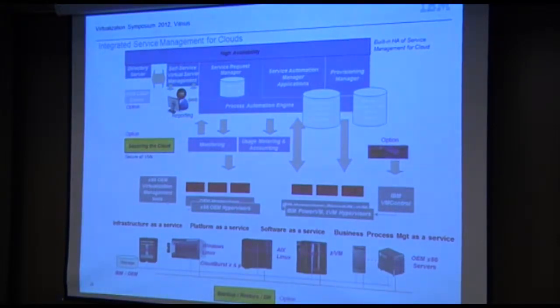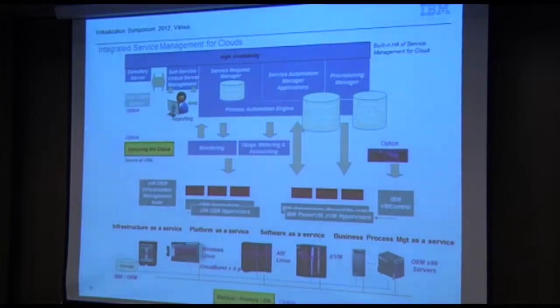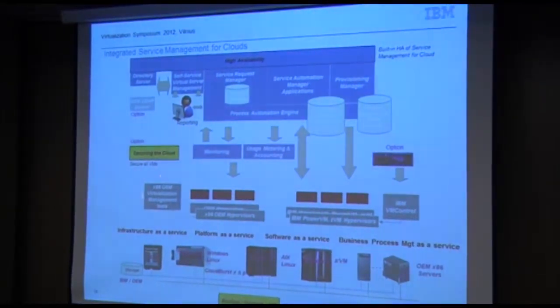How does it look, let's say, in the logical view? Starting here, it's a high availability environment, based also on the virtualization layer, whichever provides the virtualization layer. Also, it's based on its own P series or its own X series. You also have a directory server inside, but you can integrate it with an existing one. You have the service request manager, and going down, as mentioned, you can connect to third-party environments.